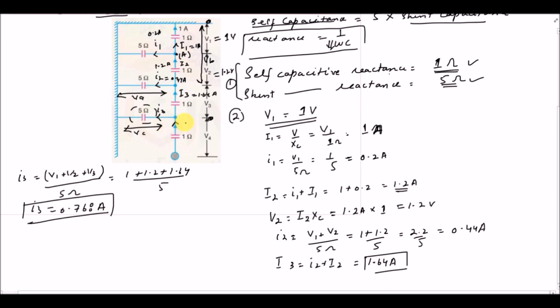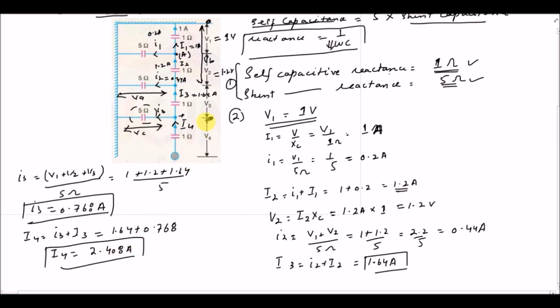Now for the last current I4, which is from the conductor toward this node, I4 is the summation of current i3 plus capital I3, these two currents, and it is equal to 1.64 plus 0.768. I4 is equal to 2.408 ampere.